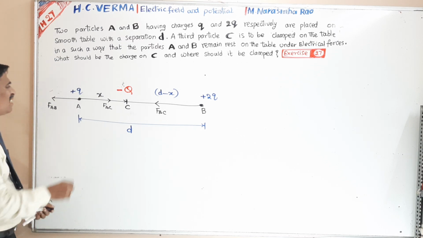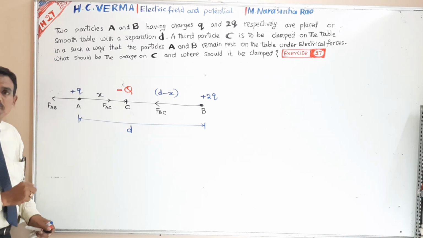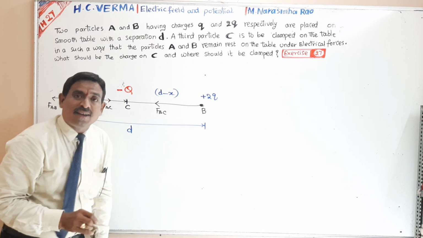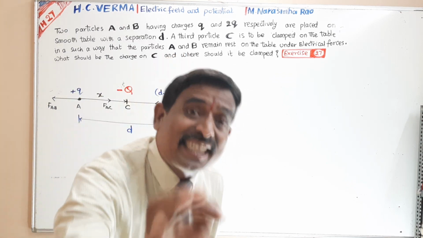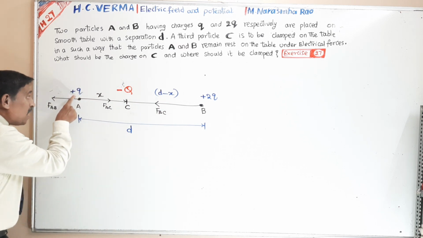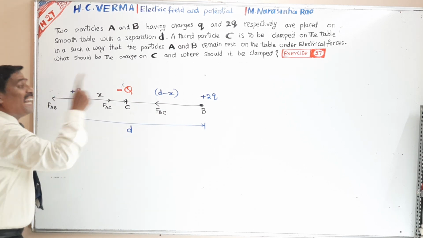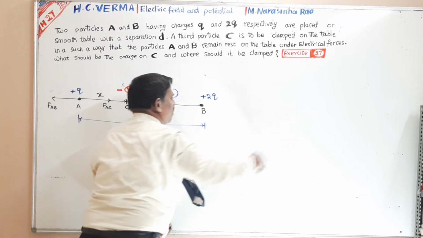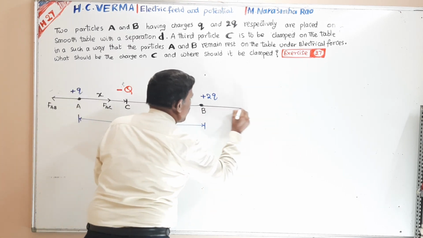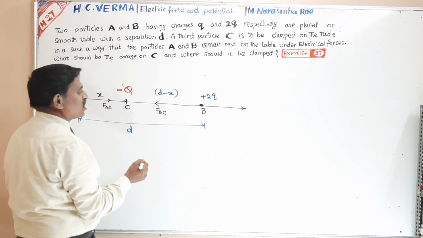Now please listen. This is positive, this is a positive charge. Between like charges there exists a repulsion. This positive charge applies repulsion on this charge, and the repulsive force is in this direction.